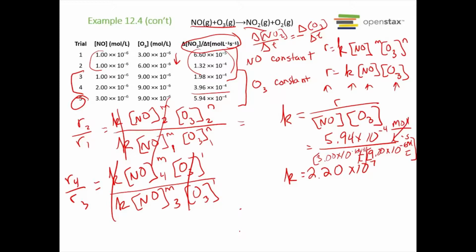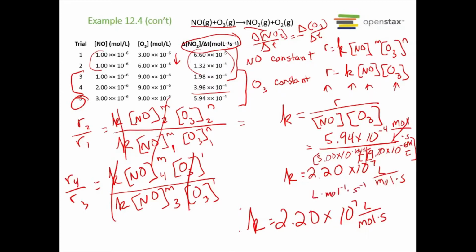So then our units now become liters on top because you have 1 over seconds over moles over liter. So that now we have liters over moles times seconds. So just to rewrite this better, 2.20 times 10 to the 7th liter per mole second, or liters times inverse moles times inverse seconds. That works too. Same thing. So that's how our units work.